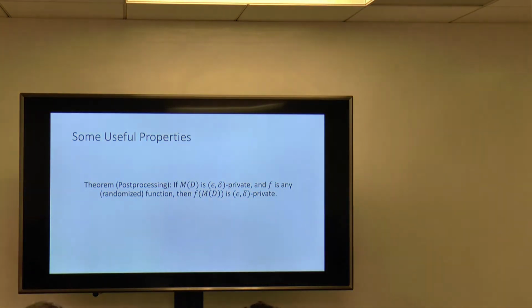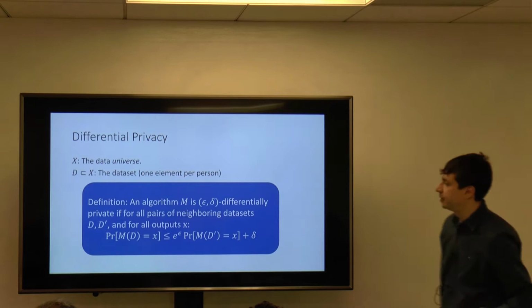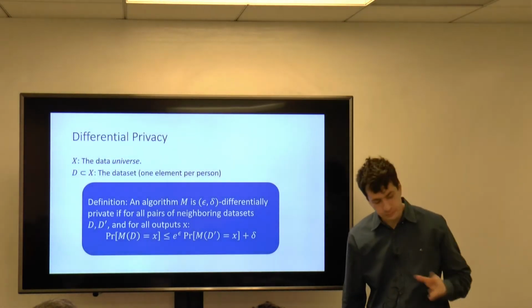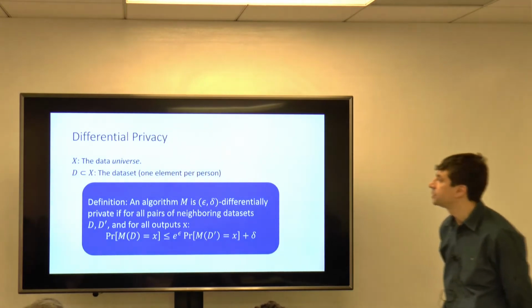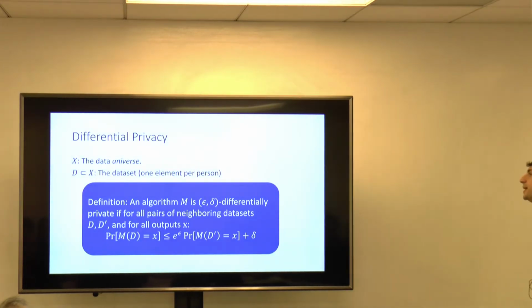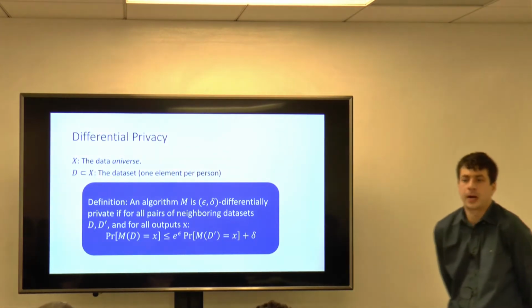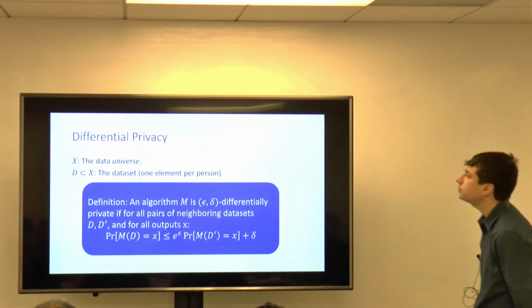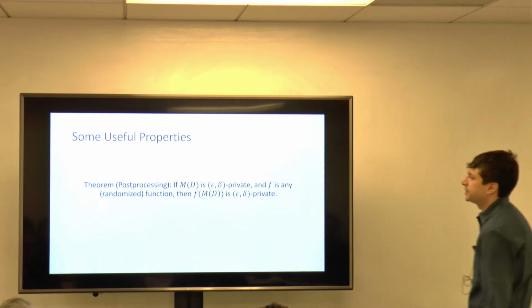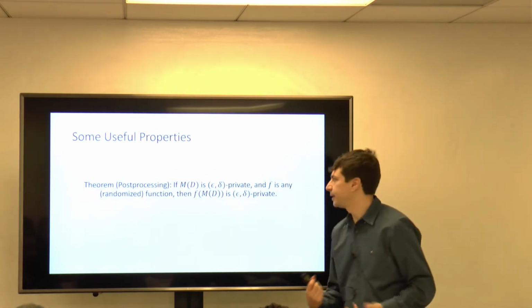So this is a nice definition for a number of reasons, and I'm not going to go into all of them because I want to get to the results that are the focus of this talk. But let me tell you a couple of important properties that this definition has. Basic but important properties. One is it satisfies something that's a lot like a data processing inequality.